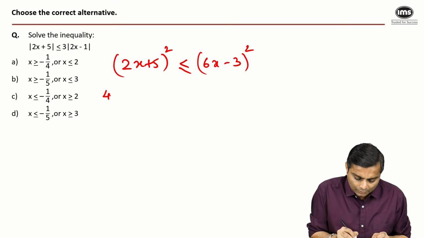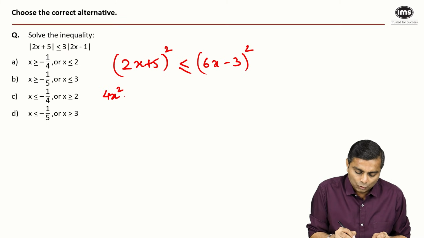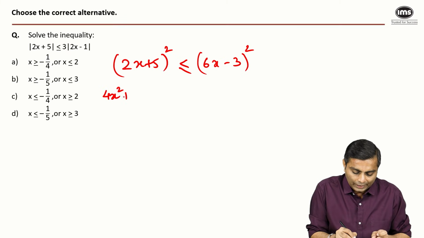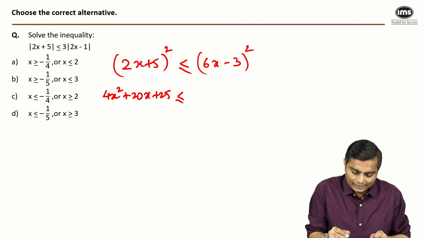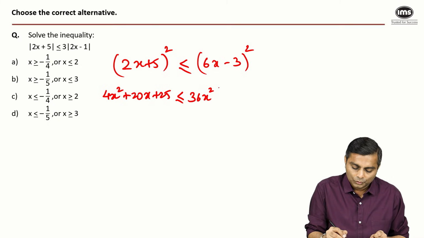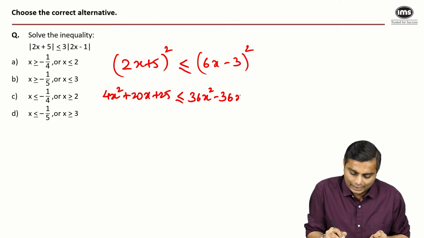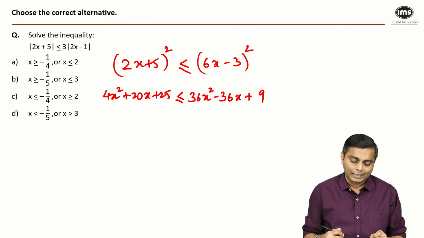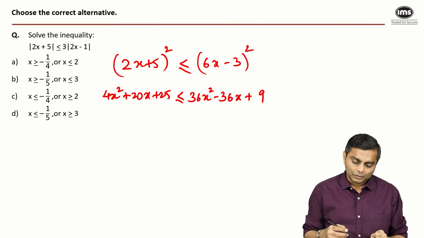Okay. So 2x plus 5 the whole square: 2x squared is 4x squared, plus 2 into 2, 4 into 5, 20x, plus 25, less than or equal to 36x squared, 2 into 6, 12 into 3, 36, again 36x plus 9. Let's bring everybody to the right hand side.